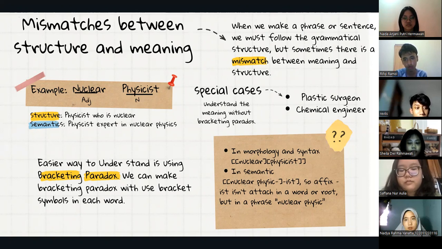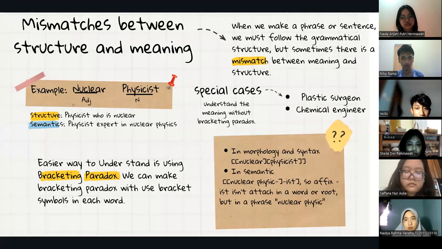Nuclear is the adjective and physicist is the noun. Based on the linguistic structure, the phrase itself explains only a physicist who is nuclear. On the other hand, by semantics, it means a physicist who is an expert in nuclear physics.